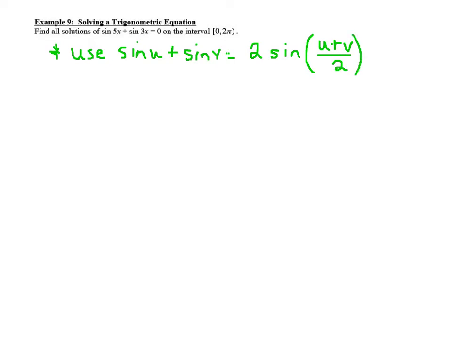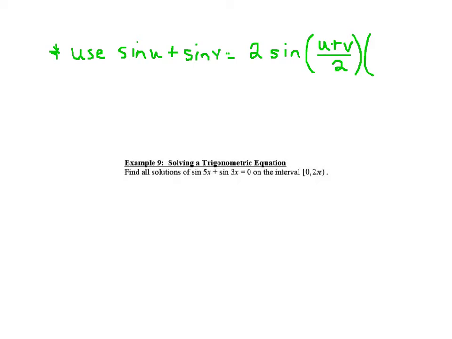And what we're going to use is the equation where the sine of u plus the sine of v is going to end up being equal to 2 times the sine of u plus v, all divided by 2, times the cosine of u minus v.